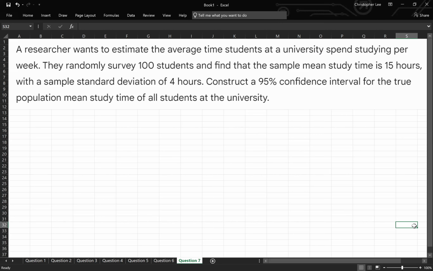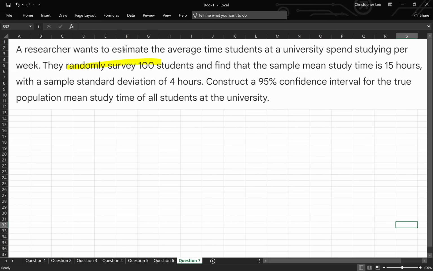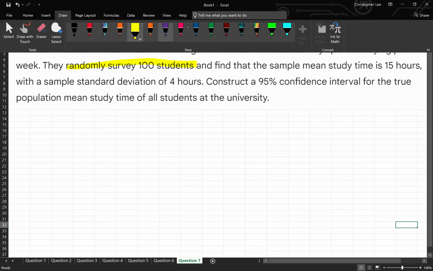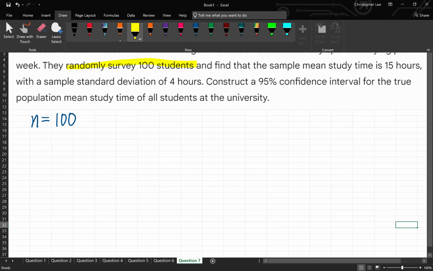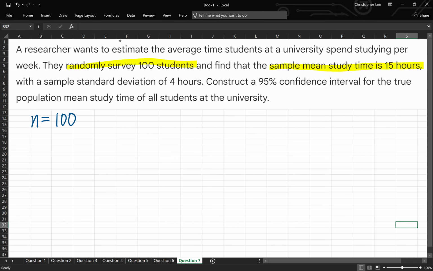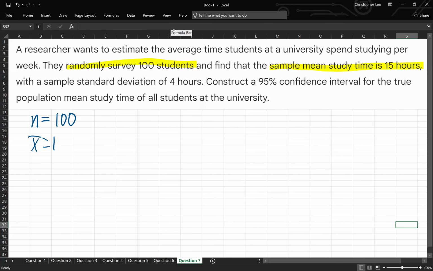So let's recap real quick. Randomly surveyed 100 students, so my N, in blue, is 100. We have a sample mean of 15 hours, so my X bar is 15.